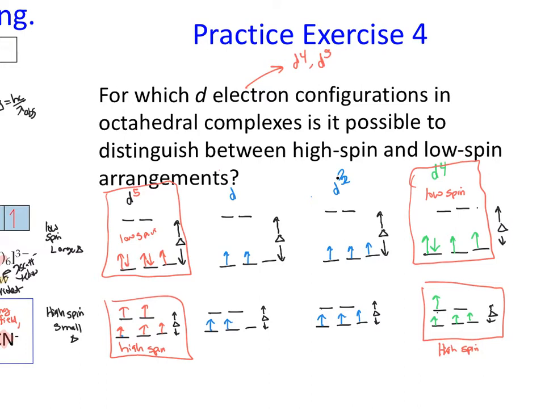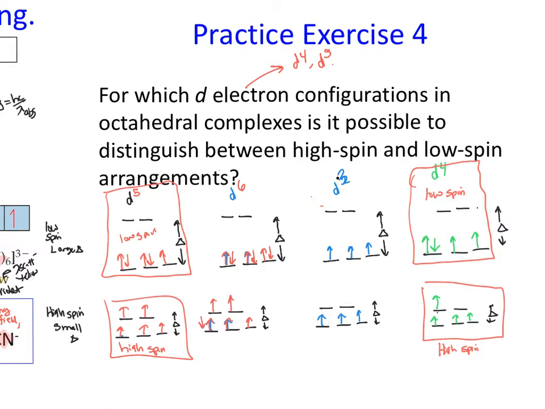And as you can imagine, D6, we will have a difference as well. So the first three go down low. Again, we're looking at low spin because we have large delta, 4, 5, 6. If I have high spin, 1, 2, 3, 4, 5, and now we pair.